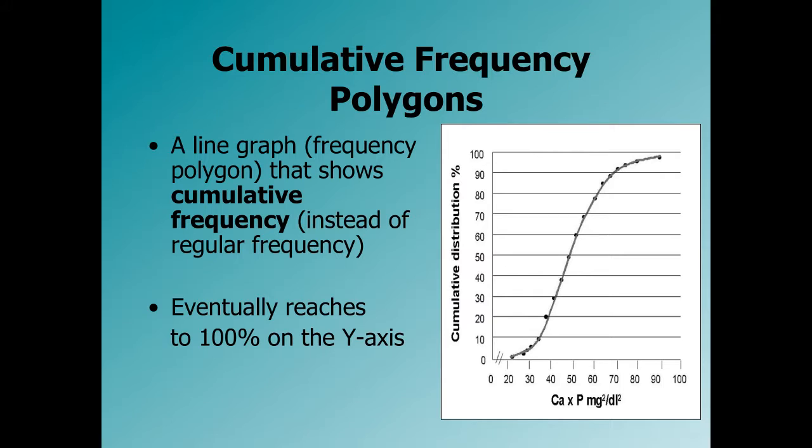Cumulative frequency polygon. These are actually very handy anytime you want to see what's going on with all your respondents. So here, for example, we're testing for calcium measured in milligrams per deciliter of blood, and you can tell that very few participants are at the start.